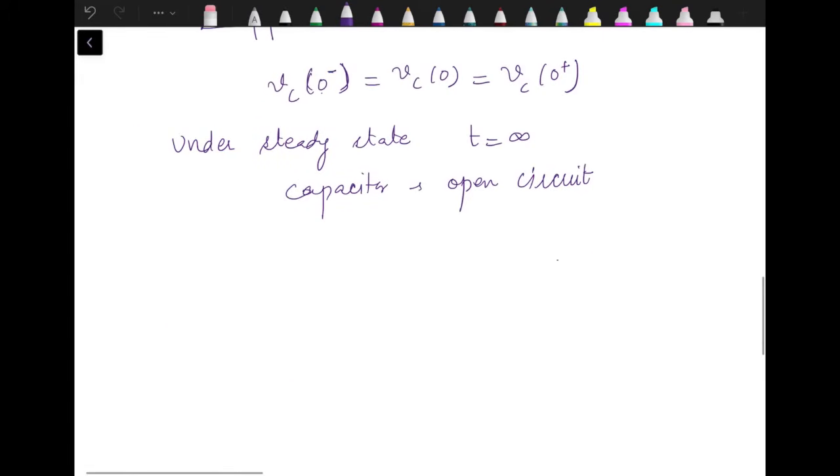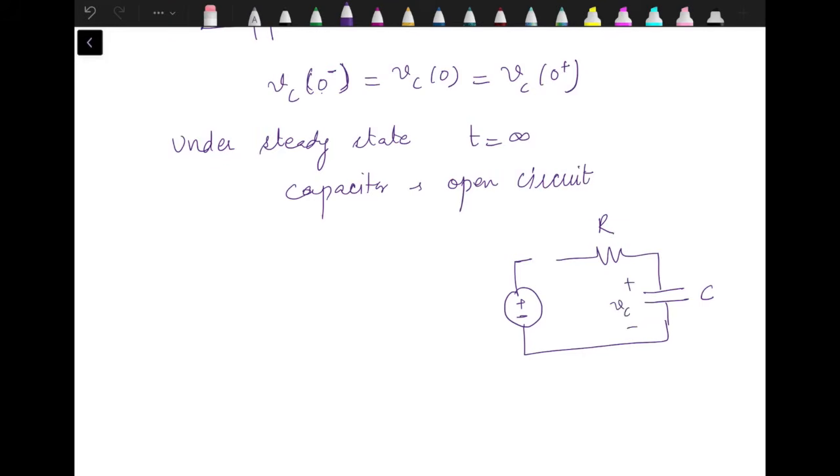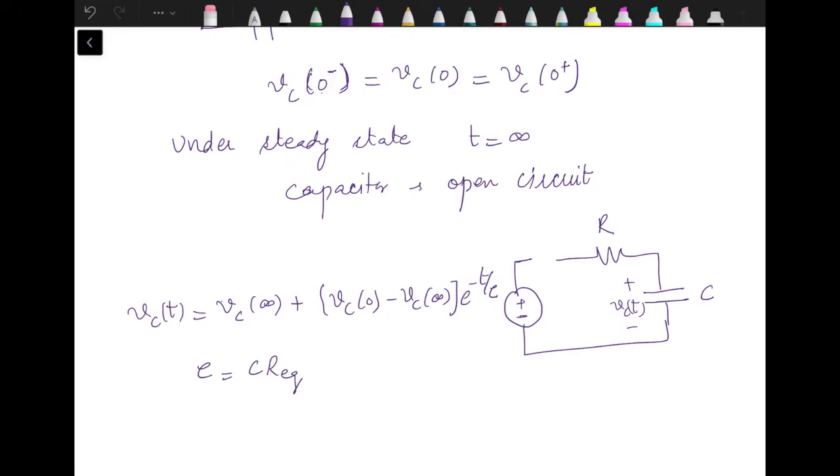So if we have an RC series circuit, again not going into the mathematical derivation, I am just writing the expression for calculating the voltage across the capacitor as a function of time. Vc(t) can be calculated as Vc infinity plus (Vc0 minus Vc infinity) into e raised to power minus t by tau, where tau is C into R equivalent, the time constant of the RC series circuit.